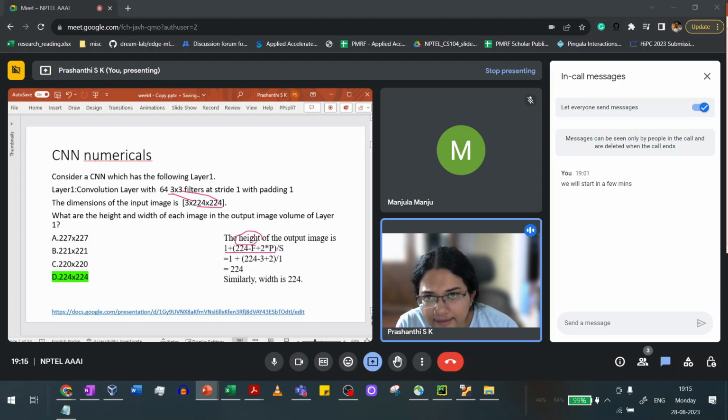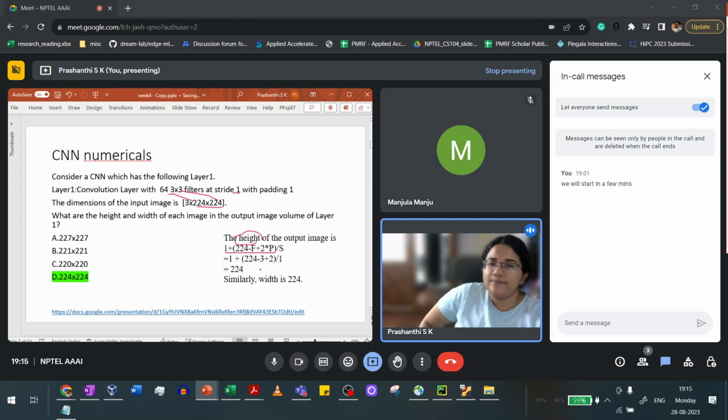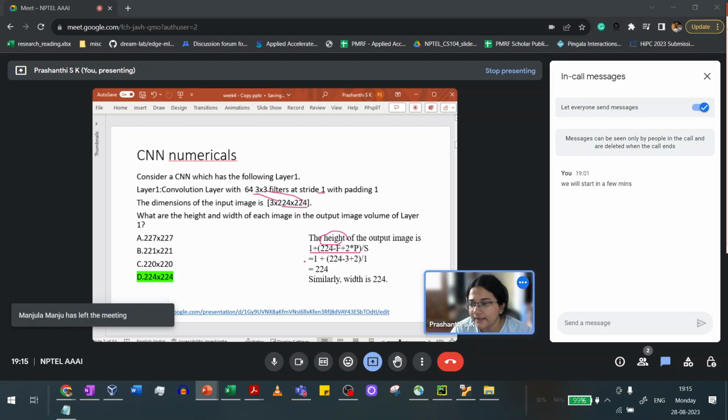If I calculate height, the width looks exactly the same. So minus 3 plus 2 star p, where p is the padding and padding is 1. So 224 minus 3 plus 2, divided by stride, and stride is also 1. So you get 224 minus 3 plus 2, which is 224 minus 1 plus 1, which goes to 224. So the overall height of the image is 224.